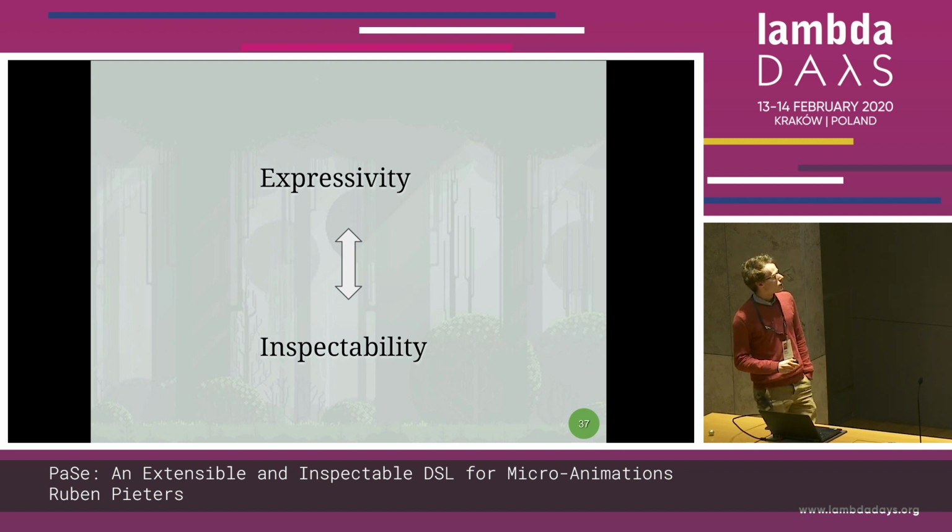But it's difficult with respect to inspectability. PaSe, because of its use of an open encoding, lets us add control flow constructs as we see fit. So we can add our own if-then-else construct, provided that we also know how to provide compatibility features for it.